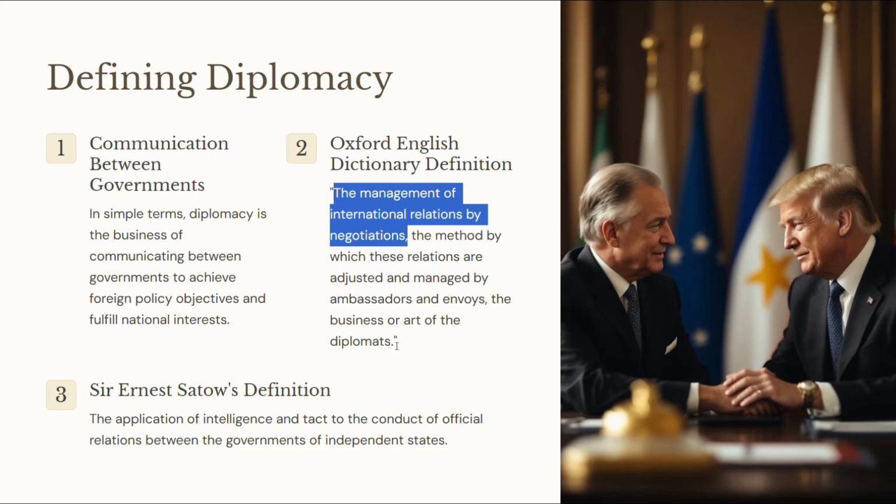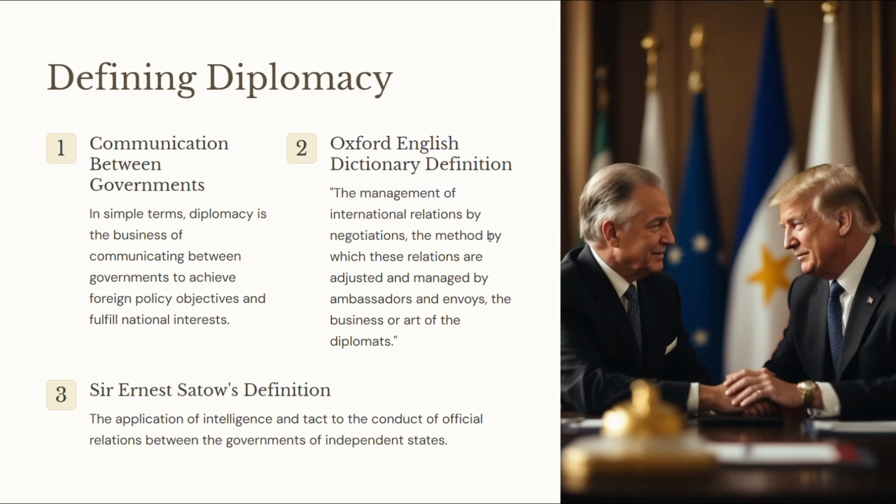So there are three parts to this definition by Oxford Dictionary. It is the management of relations through negotiations, the method by which these relations are adjusted and managed by ambassadors and envoys, in short, collectively known as diplomats, and it is the business or art of the diplomats.